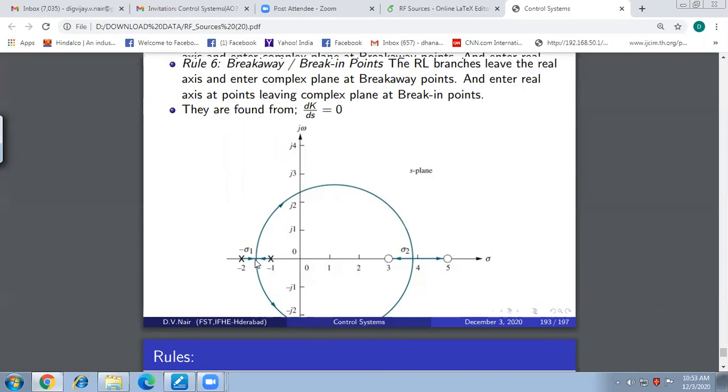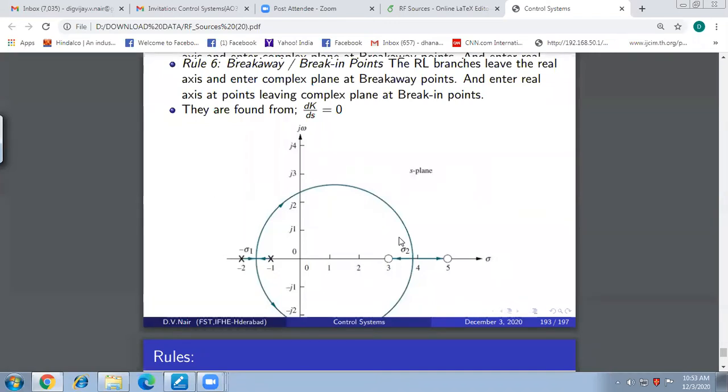The point at which they leave the real axis is called the breakaway point. Once they leave the real axis, in many examples you will see they don't return back to the real axis, but that all depends on the open loop transfer function G(s)H(s).